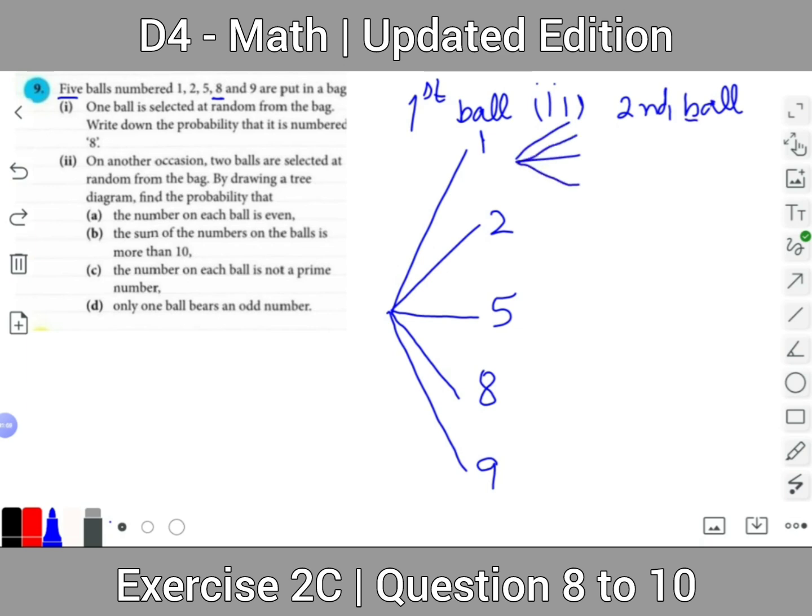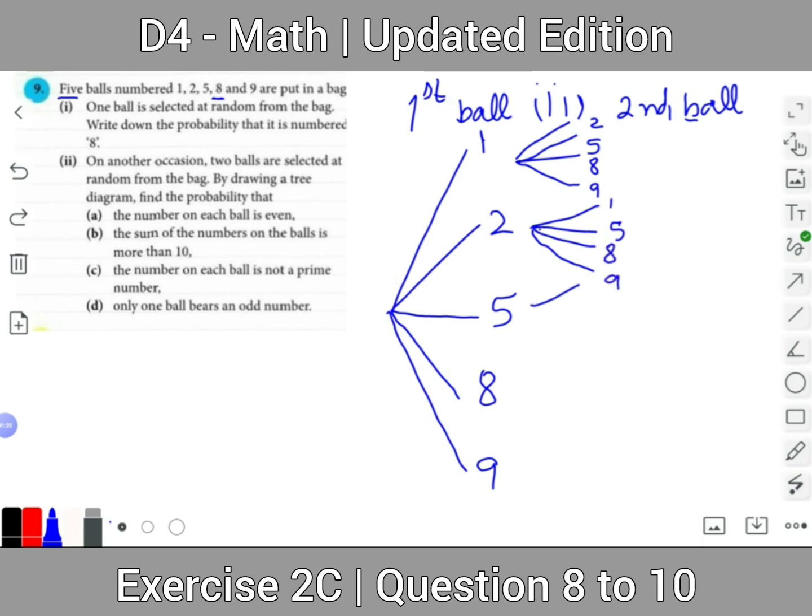We have already taken the number 1, so we have numbers left 2, 5, 8 and 9. Now from number 2 we have further 4 branches, and since we have already selected that number 2 ball, the numbers we have left are 1, 5, 8 and 9.